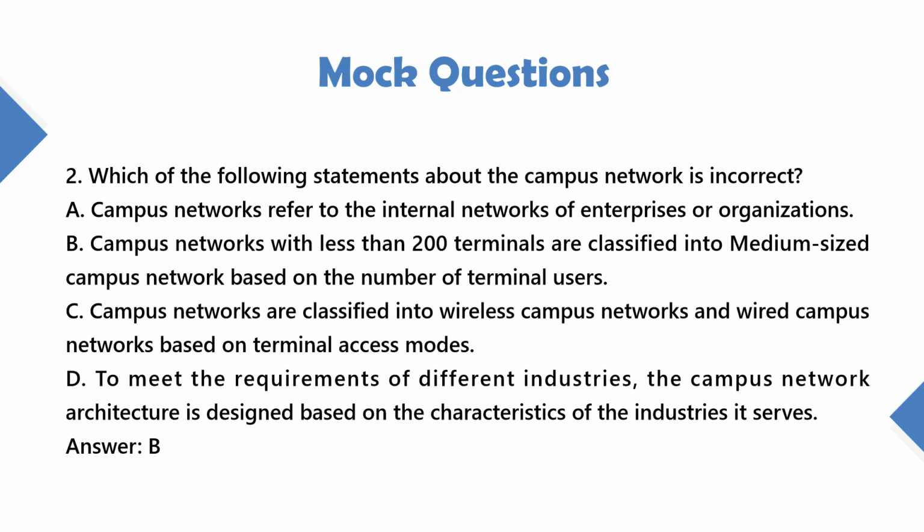C. Campus networks are classified into wireless campus networks and wired campus networks based on terminal access modes. D. To meet the requirements of different industries, the campus network architecture is designed based on the characteristics of the industries it serves. Answer: B.